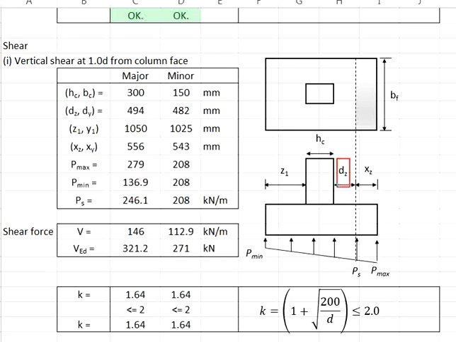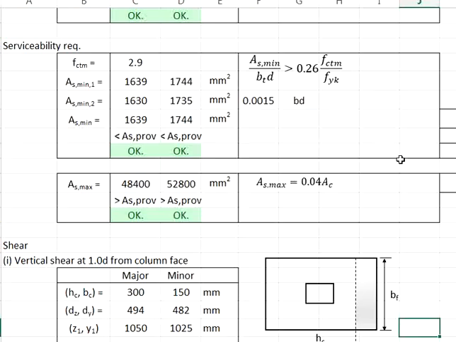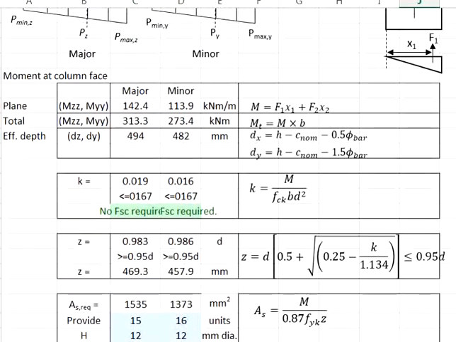Get the effective depth first. We have two effective depths, one in the major axis, another one in the minor axis. This was calculated previously while designing for the moment resistance. The formulas are given here.